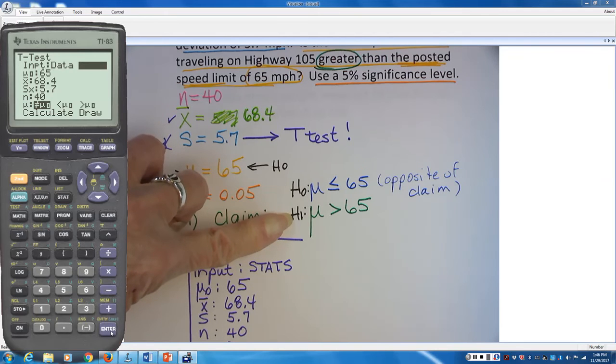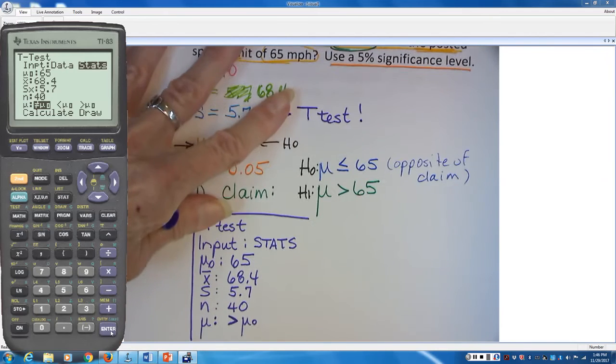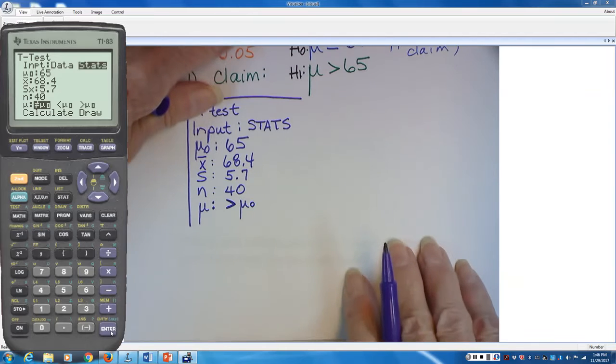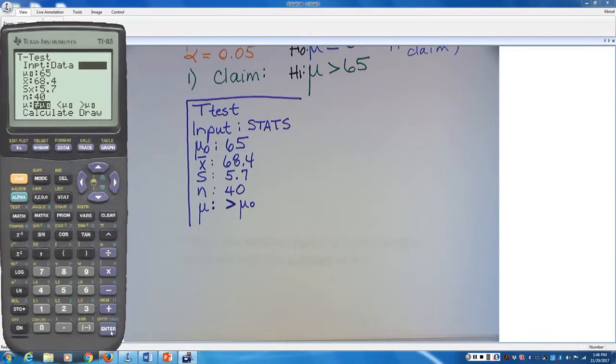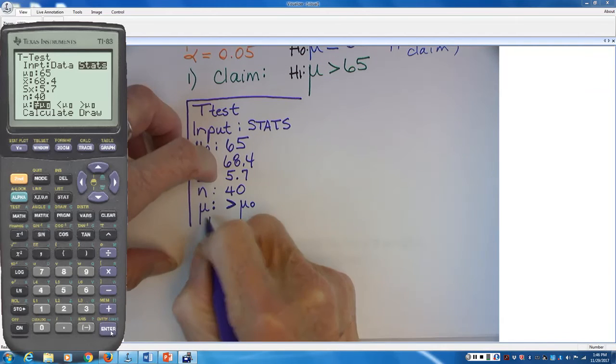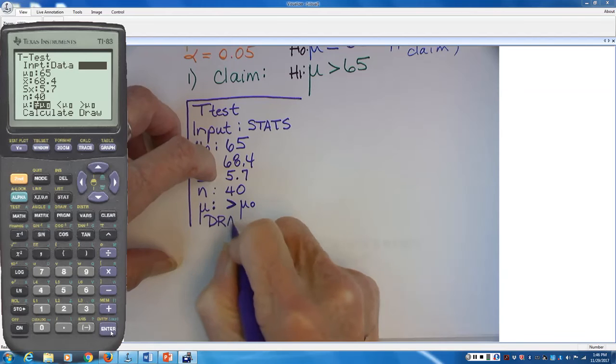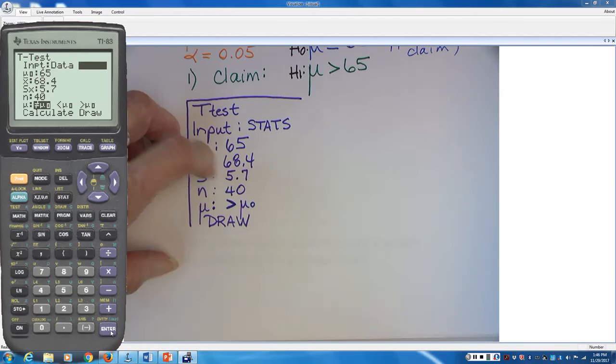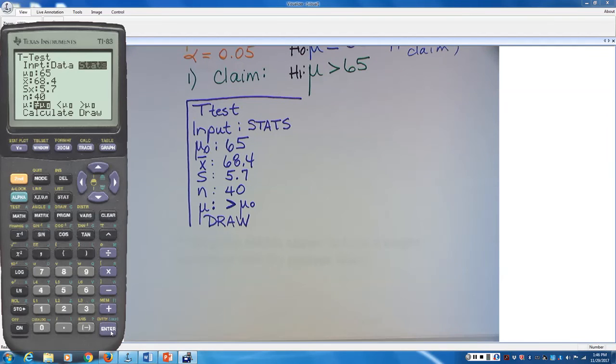You choose greater than. And then the last choice is calculator or draw. We're going to draw because the picture actually helps us understand the answer. Okay?